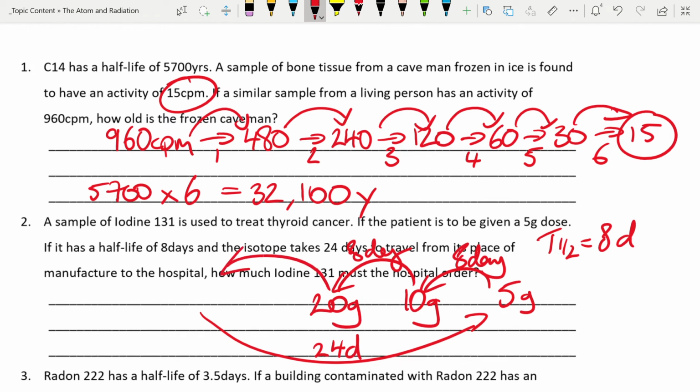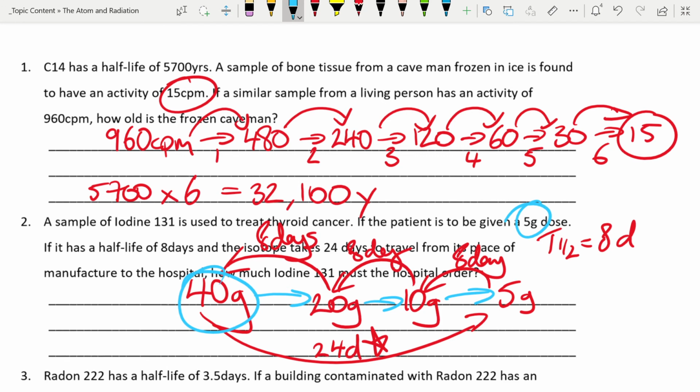And then 8 days previous to that, which is 24 days here, it would have to be twice as much again. So that when we go forwards in time, then in 8 days it would go from 40 to 20, from 20 to 10, and then from 10 to 5. Okay, which would leave us with the correct amount for the patient. The answer to that question is it would need to be 40 grams.